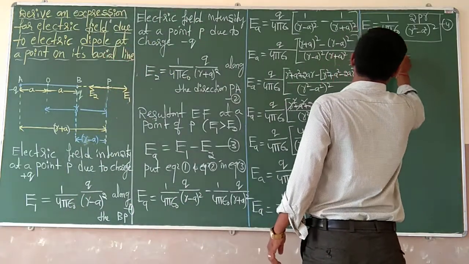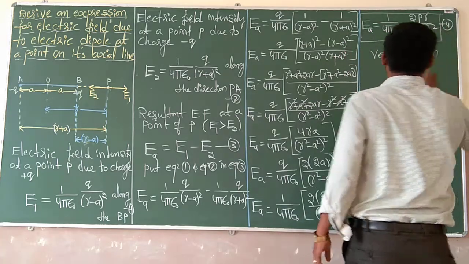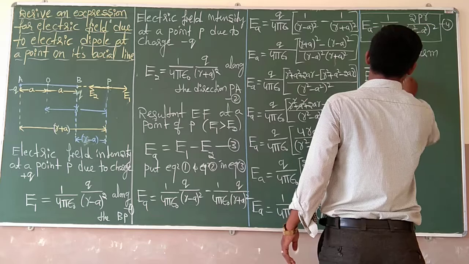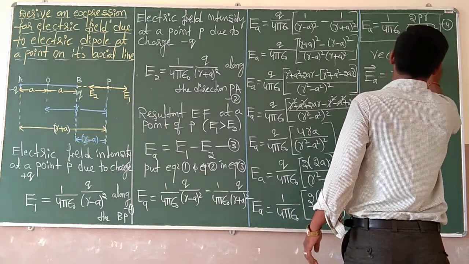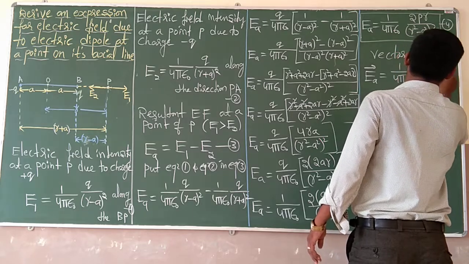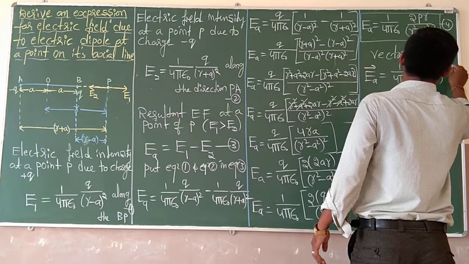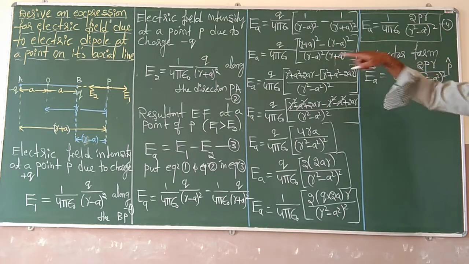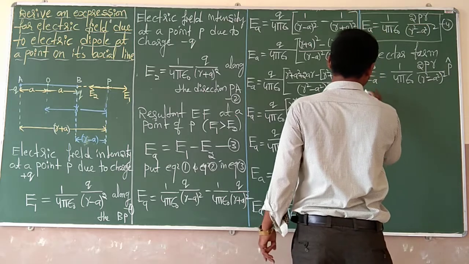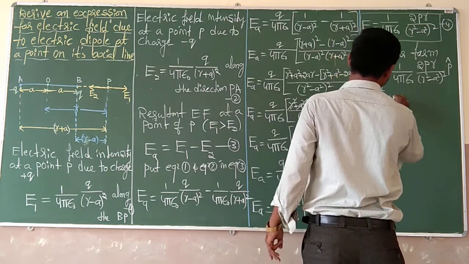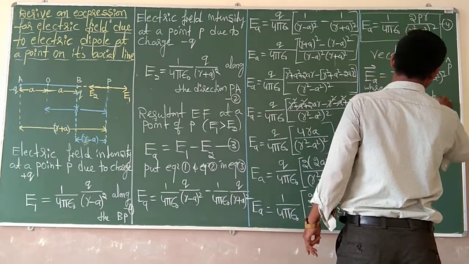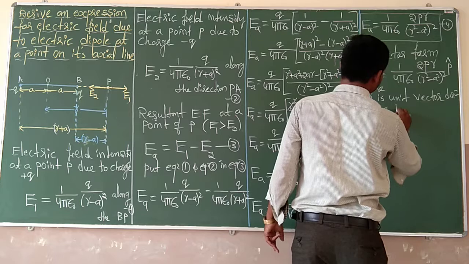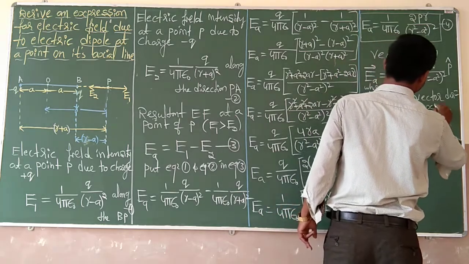In vector form, E_A vector is equal to 1 divided by 4 pi epsilon naught, 2p, vector direction along the dipole axis.